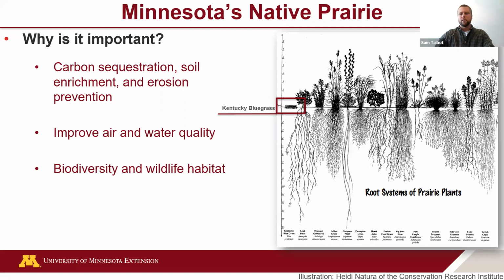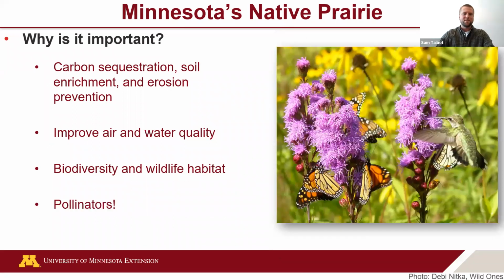So all these benefits, and then of course pollinators, and that's why we're here today. So about 80% of the bees that we have that are native to Minnesota are generalists, so they're going to be going after pollen and nectar sources that are whatever is sort of abundant and resource rich.